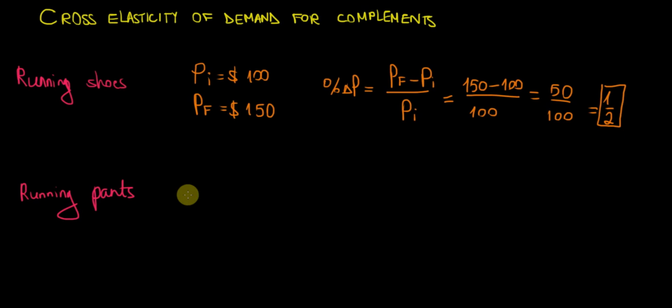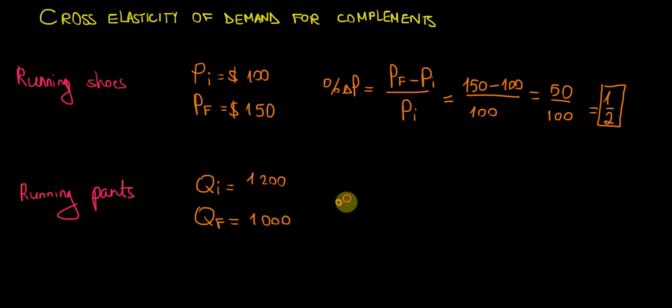Hope this makes sense. Now, for the sake of the example, let's say that the quantity initial for running pants was 1200 units, 1200 pairs of running pants. And the final quantity decreased to just 1000 pairs.